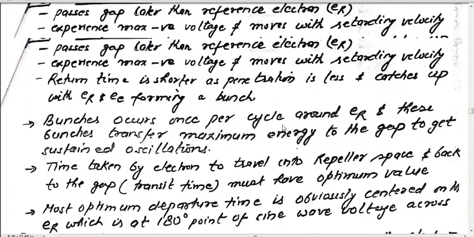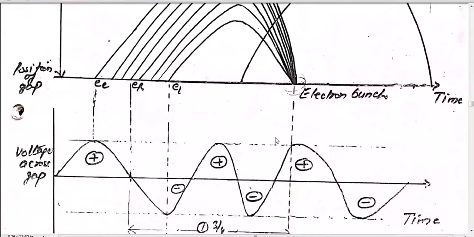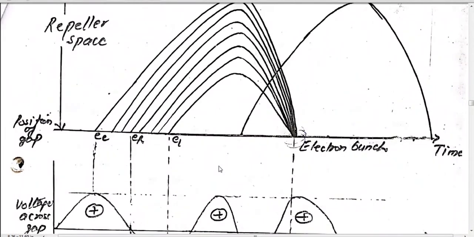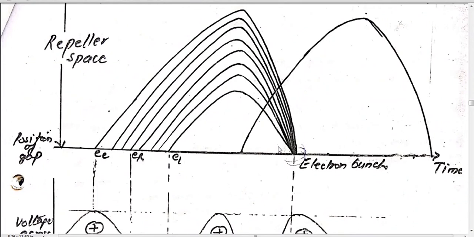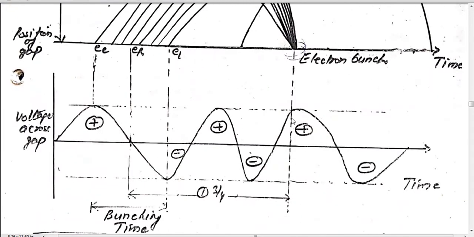So it means when we see what may be the suitable time for these electrons to reach the gap, that time will be at which we are having maximum voltage, and that maximum voltage will help in giving maximum retarding force to that electron bunch. So that suitable time is this.